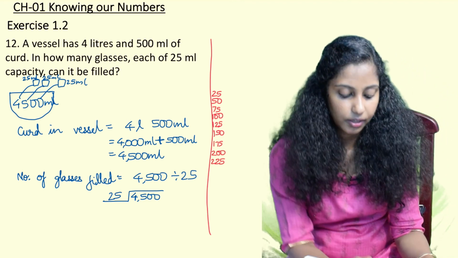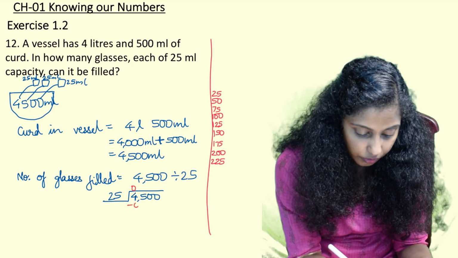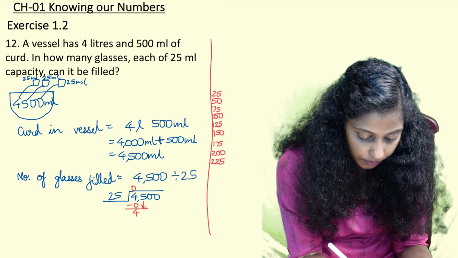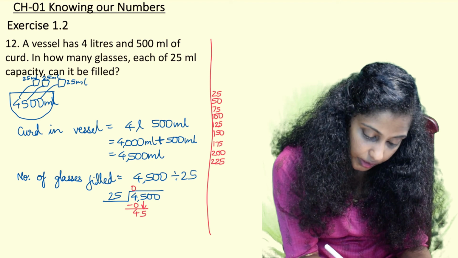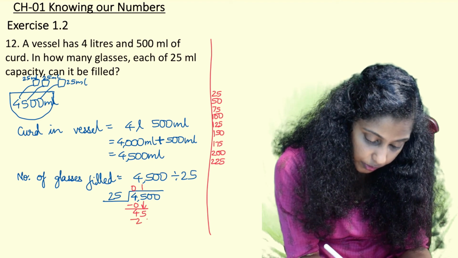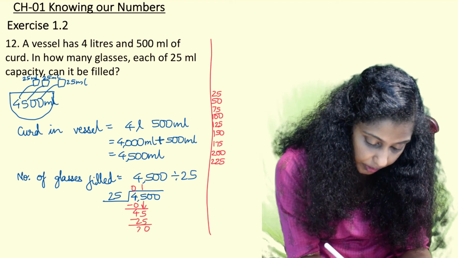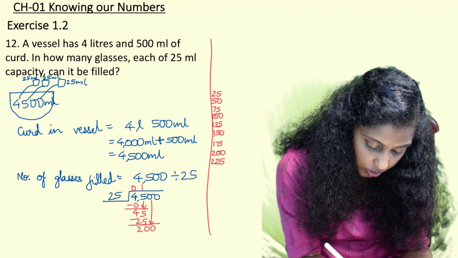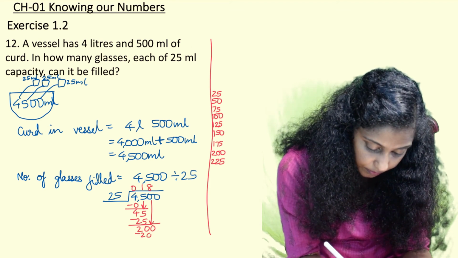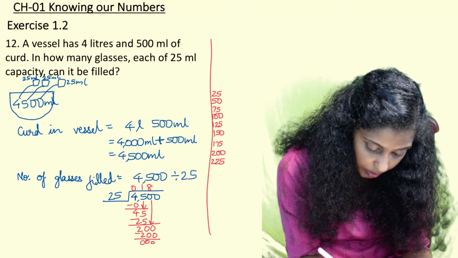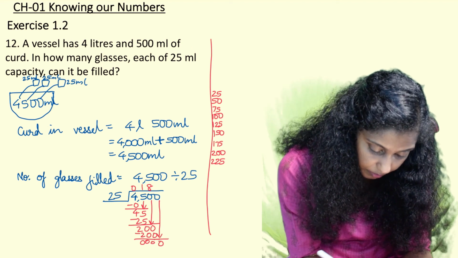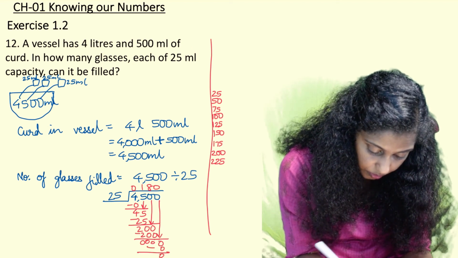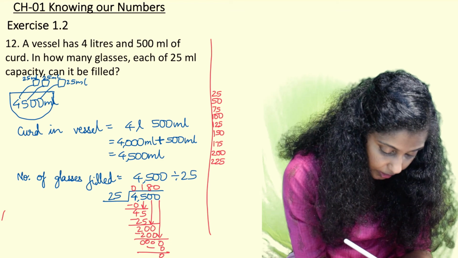Till 9s is enough. 25 table, we do not get 4 zeros. Then we write 5 times. 25 ones is 25. We do subtraction, we get this much. 200 is 8s are. Then we get this 0 ultimately, 0s are 0. So we write the final answer.